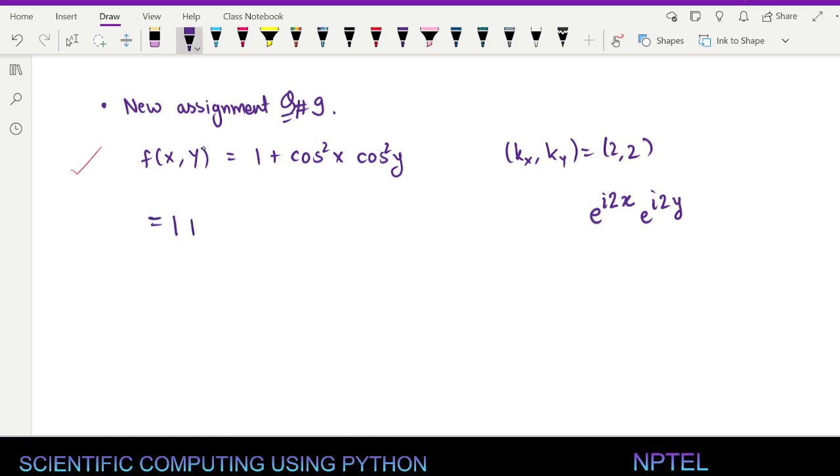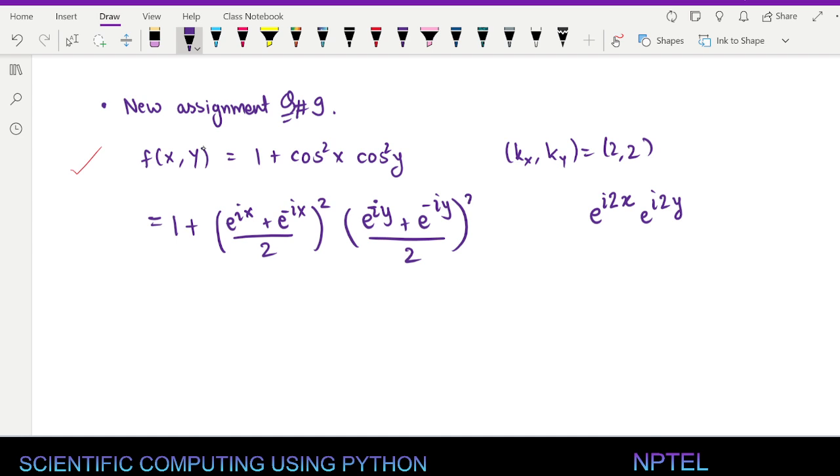So this will be 1 plus cos square x, where cos x is e to the power ix plus e to the power minus ix by 2, squared, times e to the power iy plus e to the power minus iy divided by 2, squared. So it will be 1 plus 1 by 4, and the first term itself will be e to the power 2ix and 2iy, which is what we want.